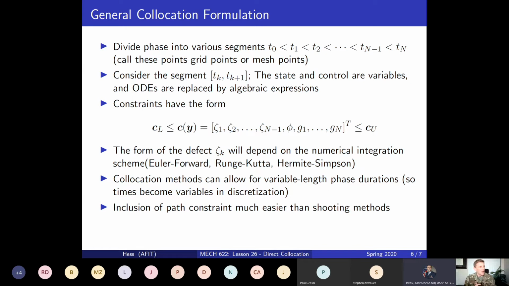So your constraints could have these forms. Here, these were your defects, and you've got some kind of constraint vector in general. Here, this would be C lower and C upper. This is using notation out of Betts' paper, his survey of numerical methods, and also Betts' text, which is a really good text: Practical Methods for Optimal Control and Estimation Using Nonlinear Programming.